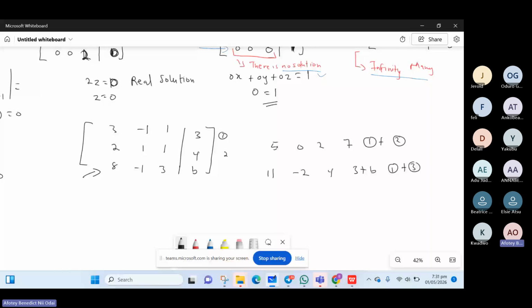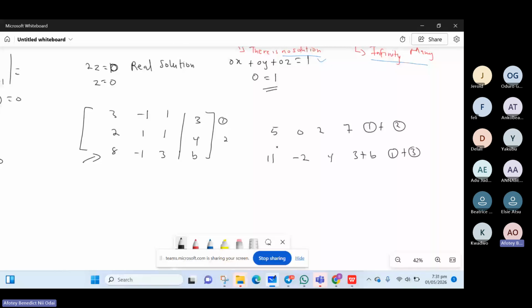So which other option can we use? 1 is common in both of them. So now let's use 2 as the common row. We've already added 2 to 1, so let's just add 2 to the bottom row and see if we get a trend. So we are doing 3 plus 2.